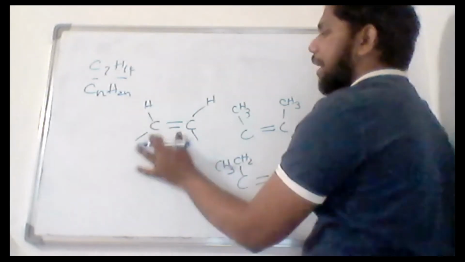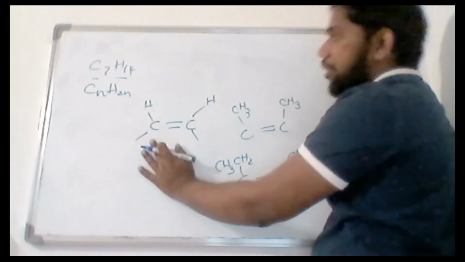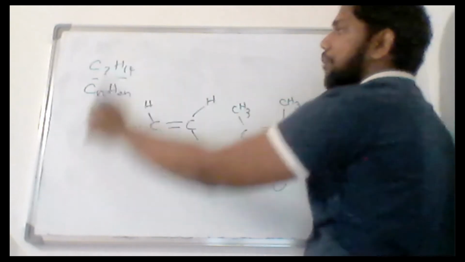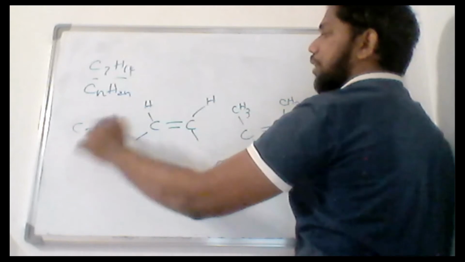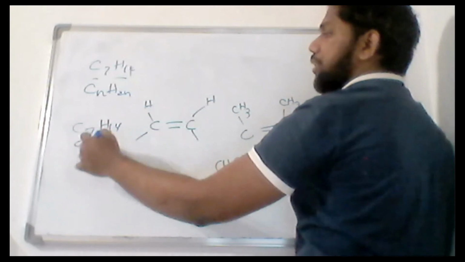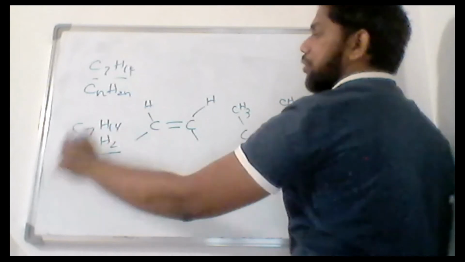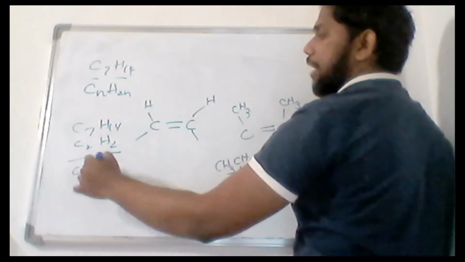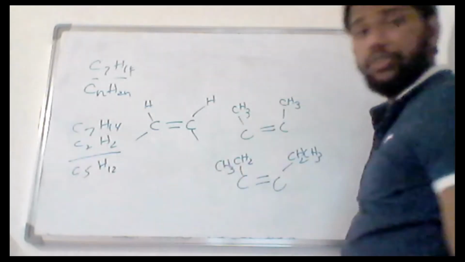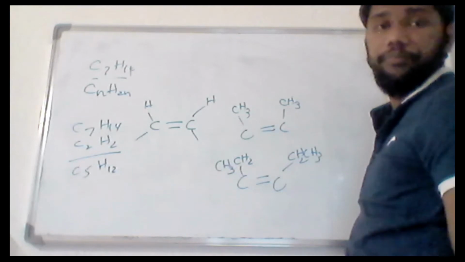So here I have two carbons and two hydrogens. So for the remaining C7H14, I have to put C5H12, so I have to put 5 more carbons.